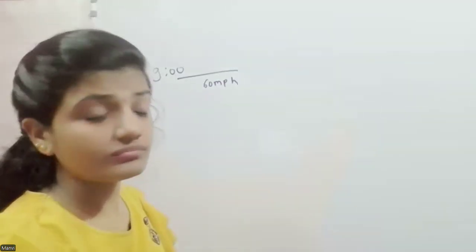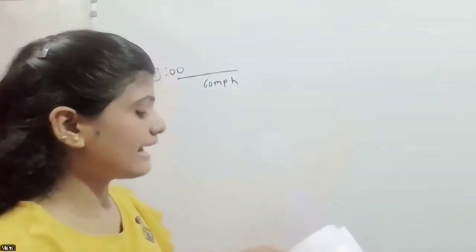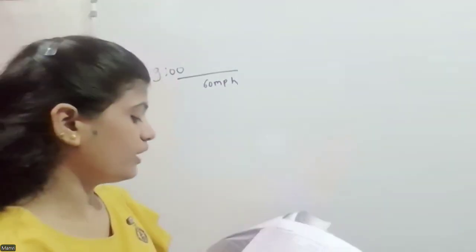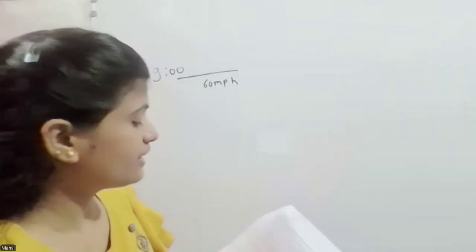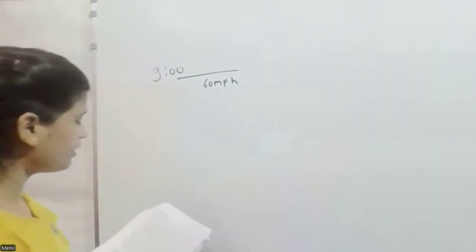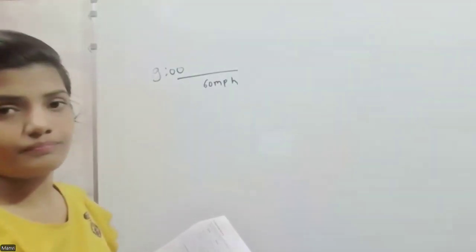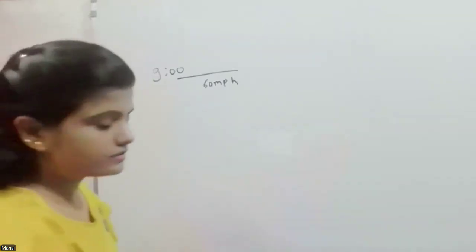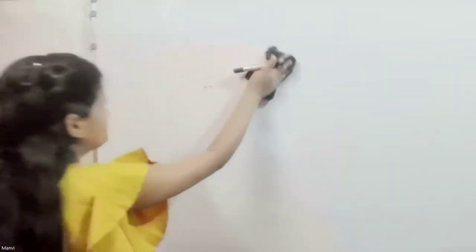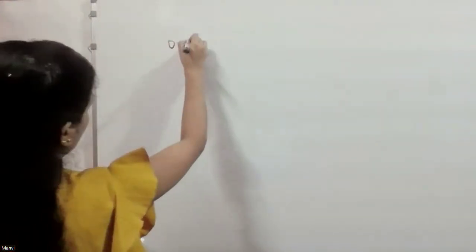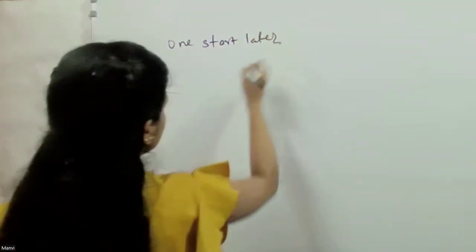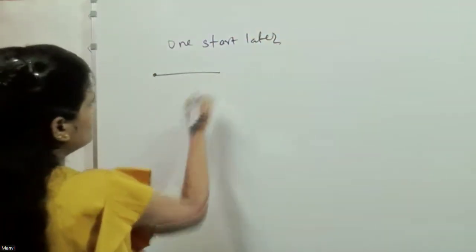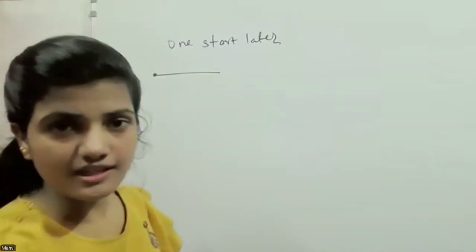So whenever we have a question like this, where one starts later, first we need to calculate how far the first already traveled. Try to understand this concept as well. Whenever one starts later, it means first this one started, after that the second car started.